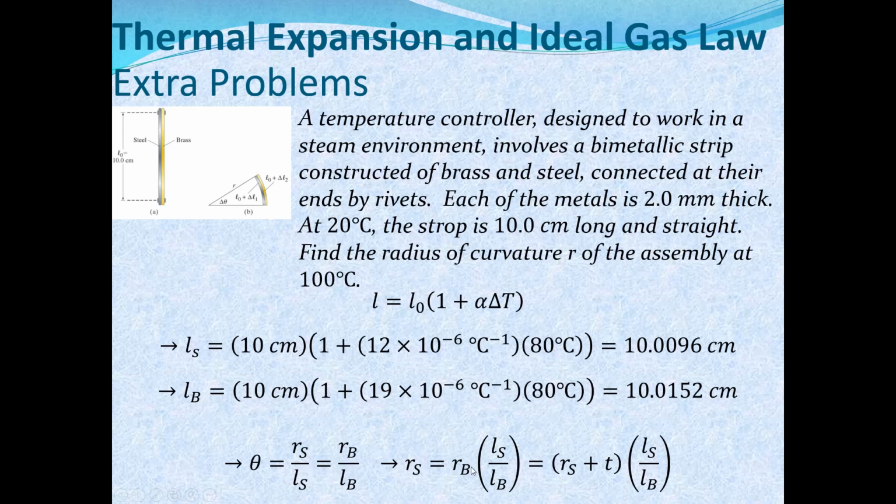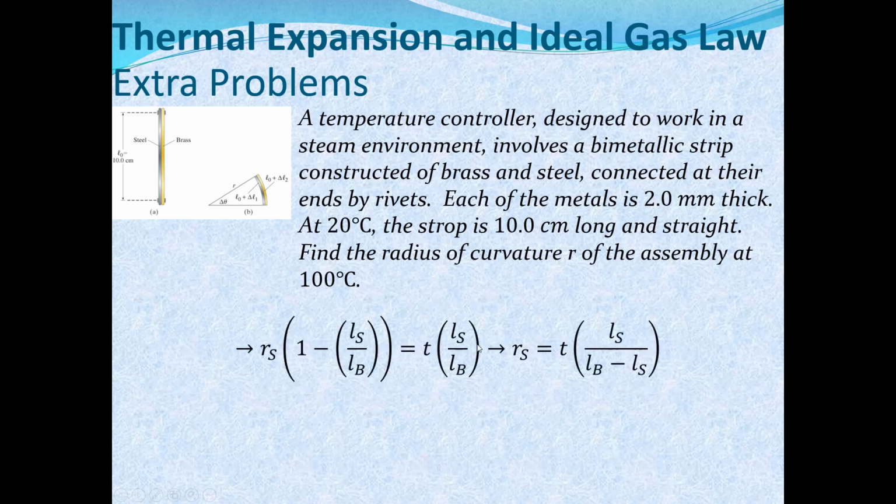Moving it to the side, it doesn't matter which one we solve for, but for now I'm going to solve for the steel's radius. Then that pretty much means that for the brass radius, it would be RS plus T for the thickness. So I could plug that in here.